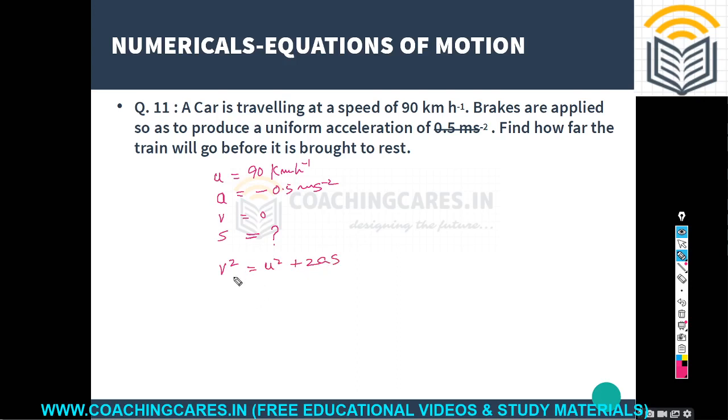We'll put the values. This is 0, and that u is in kilometer per hour, so we'll convert this into meter per second. So that will be 90 into 1000 divided by 3600.